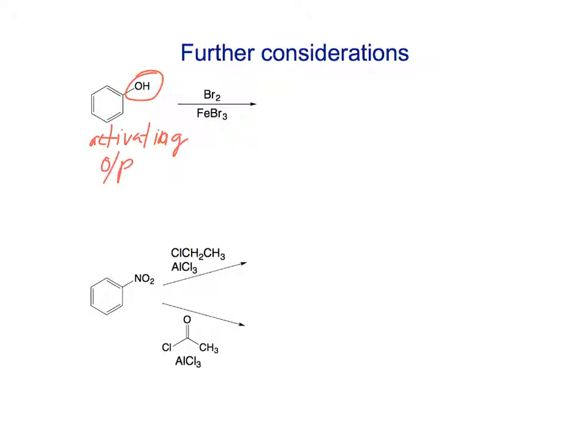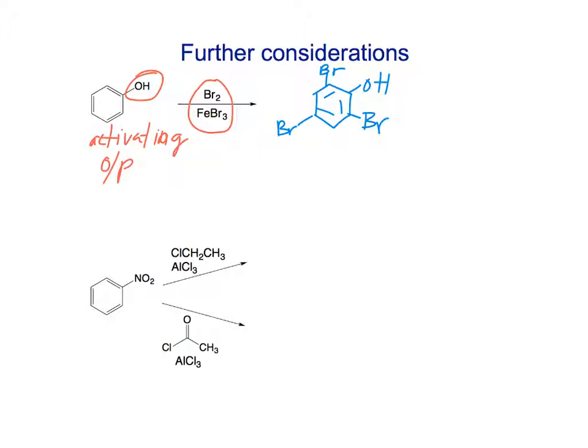In fact, an OH is a strong activating group, and so if we use our normal conditions of bromine with our catalyst, then we end up essentially getting bromines at all of the ortho and para positions. It's just so reactive.